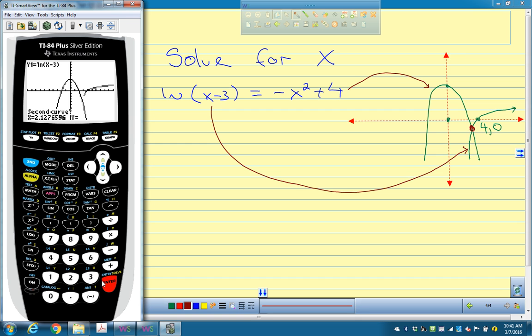There's only one, didn't I hit it already? Second curve. There we go. So I got it onto the second curve. Then I'm going to hit enter. And then I'll say guess.